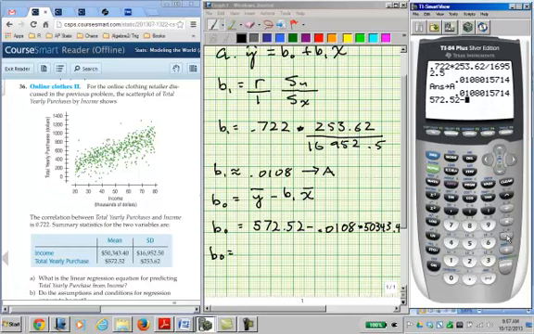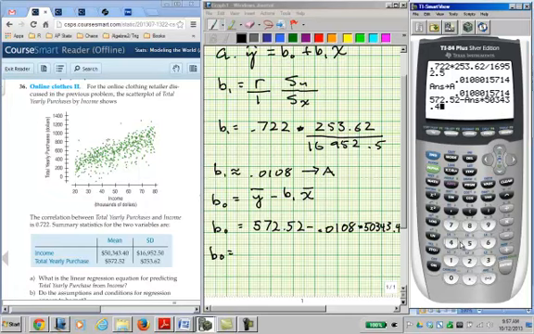572.52 minus. Now I can use, this was my last operation, and this answer is resident in memory, and I can hit second and then the negative key, and that puts answer on the screen. Oops. And then I'm going to put in times 50343.4.